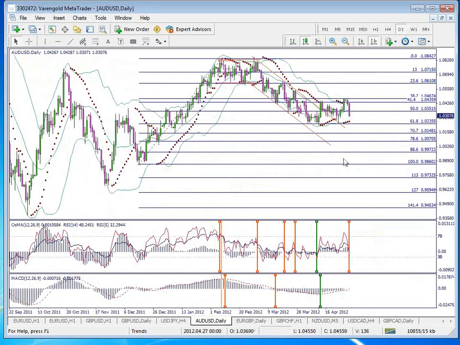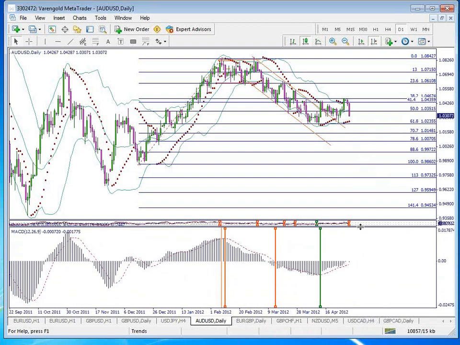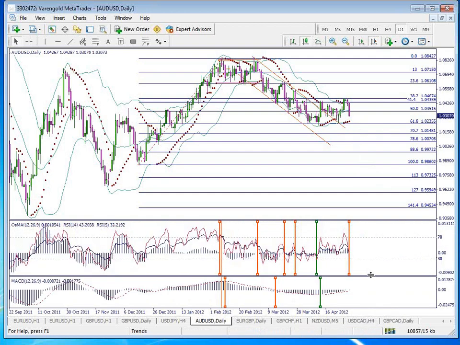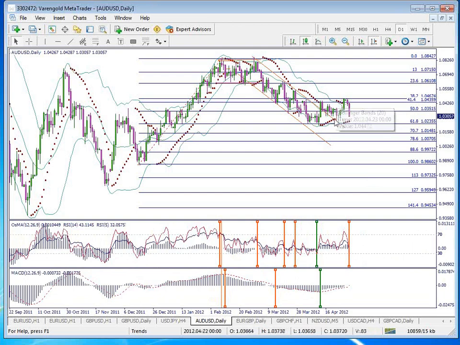So shortly, the pair will go into one down direction. Here I don't have a clear signal from MACD. So probably this period will be a swing between those 61.8, 70 level and 38.2, 41.4.